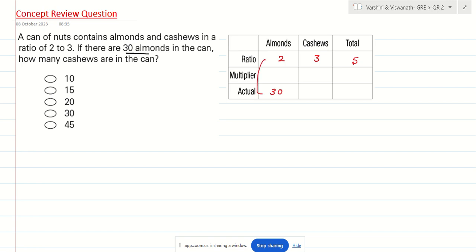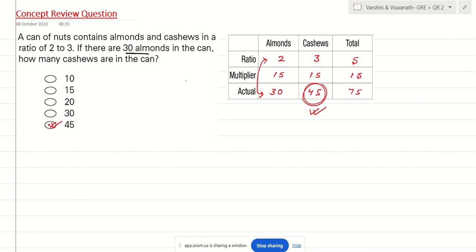Using this 2, can you find out the multiplier? 15, that's all. It should be the common multiplier everywhere. So how much will we get here? 45 here, 75 here. The question is, how many cashews are in the can? So 45. The answer is 45.